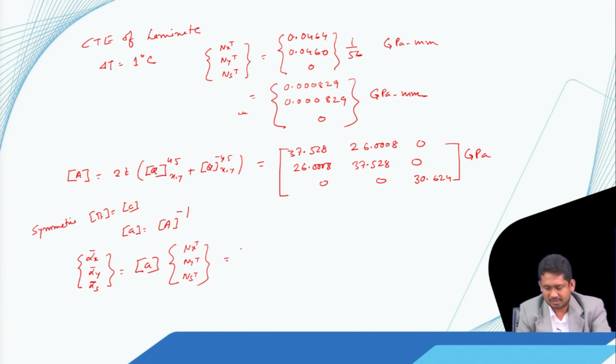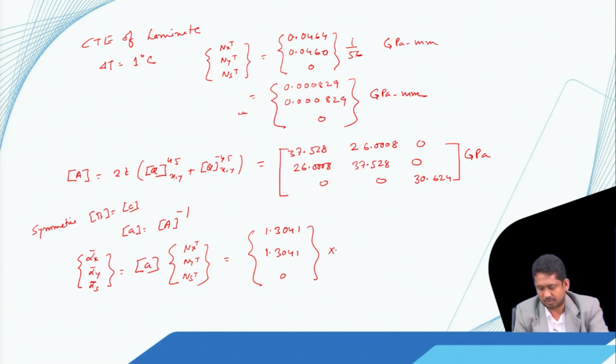Then finally, alpha x bar, alpha y bar and alpha s bar are found out to be 1.3041, 1.3041, and everything is multiplied with 10 to the power minus 5 per degree centigrade.